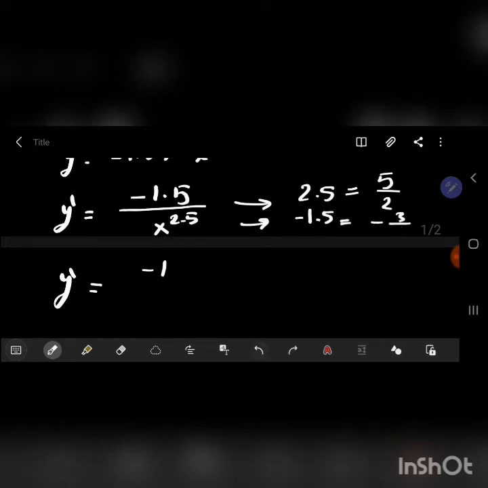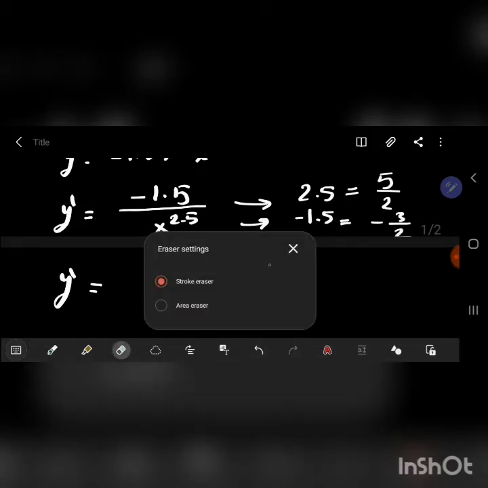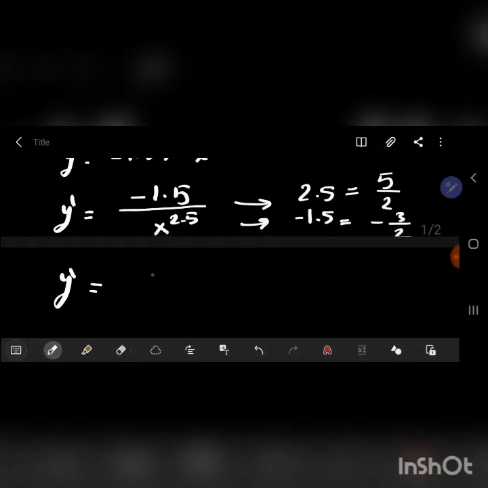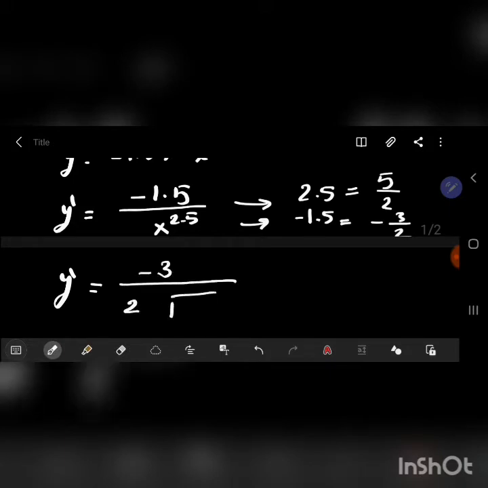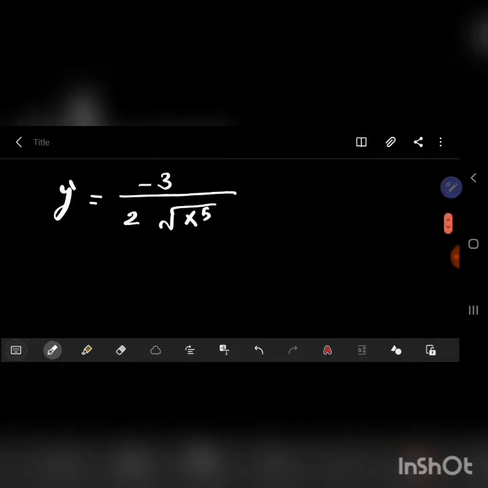So I will say minus 3 over 2 multiplied by x to the power 5 over 2, with the root of x to the power 5. This is the simple way to solve examples like these.